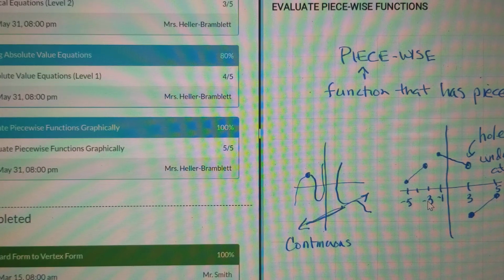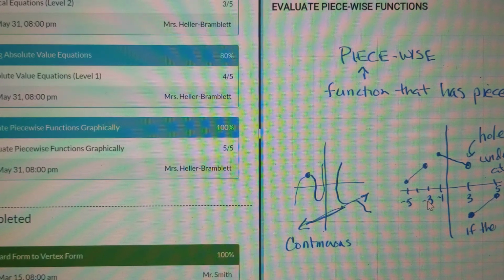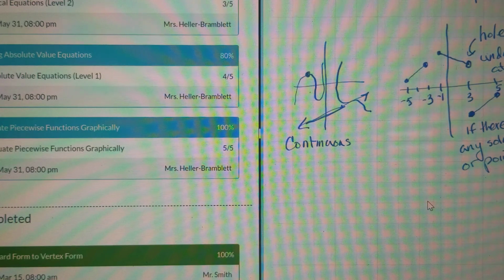So if there is any solid line or point, the function is defined at that point.